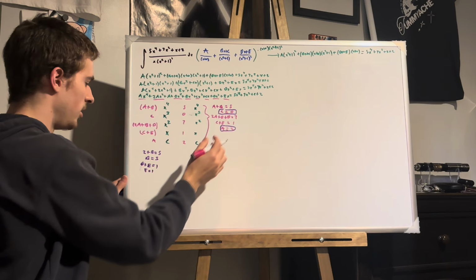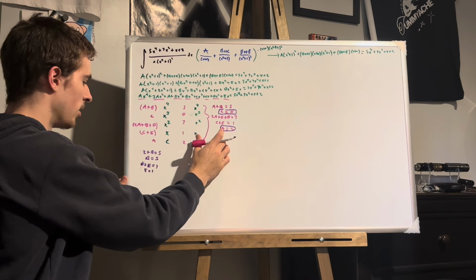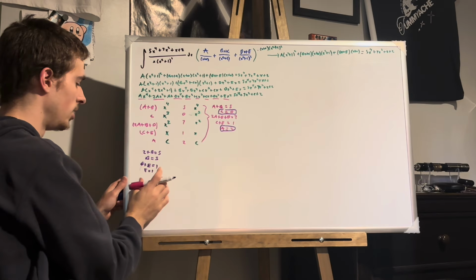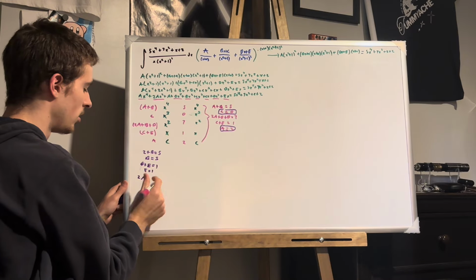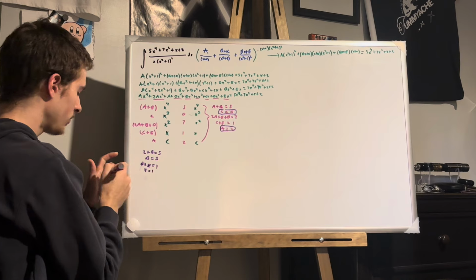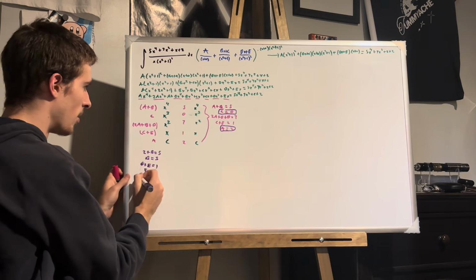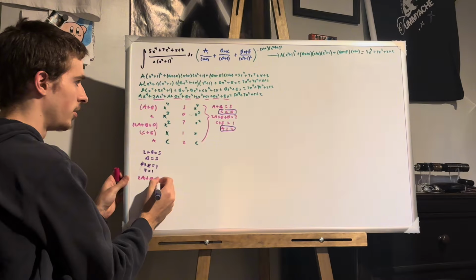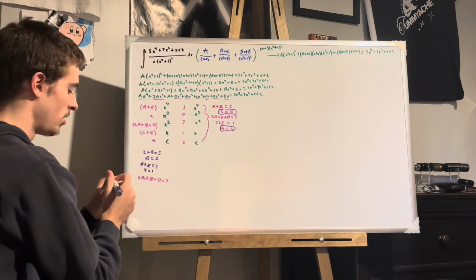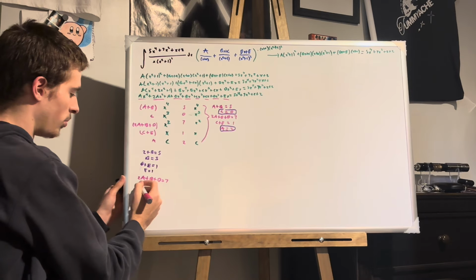Well, now we just need to find D, because we have A, we have B, we have C, and we have E. We just need to find D. So let's grab that 2A plus B plus D equals 7 and plug in our values.